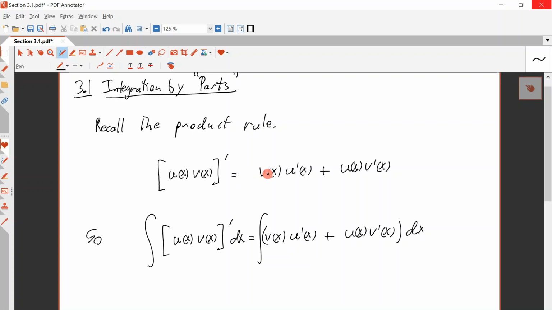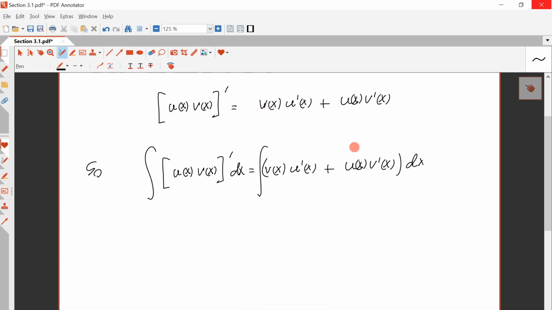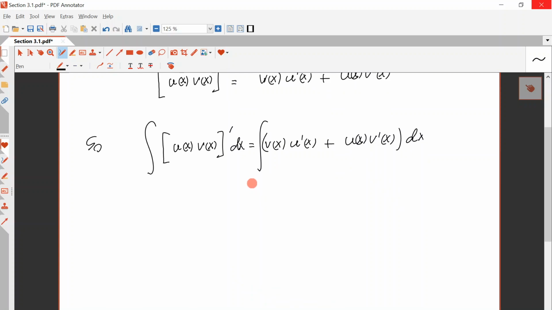Well, the antiderivative of the derivative is just the original function back. And let's forget about the plus c for the moment.